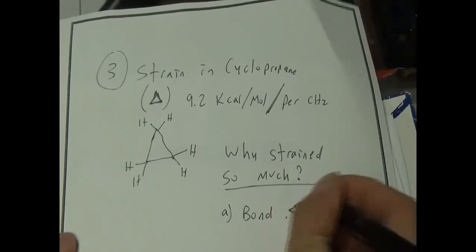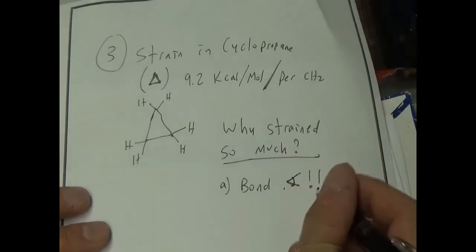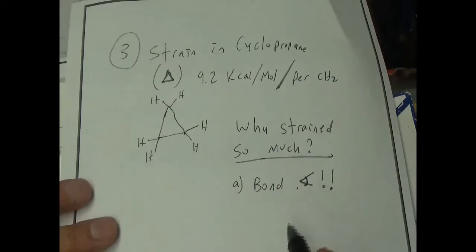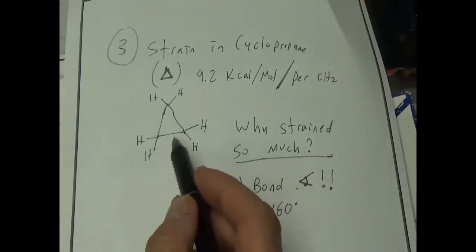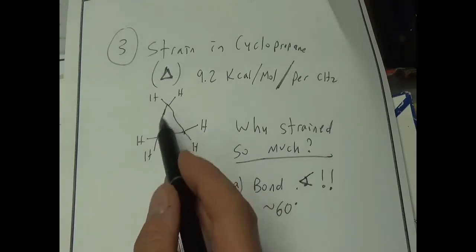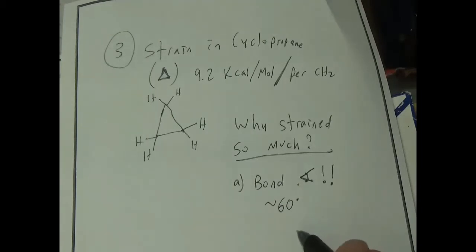The molecule is incredibly unhappy due to the bond angle strain. What was the bond angle strain? It's roughly 60 degrees between the CC bonds to make that really small ring size.